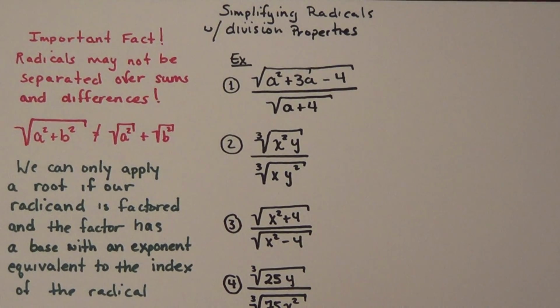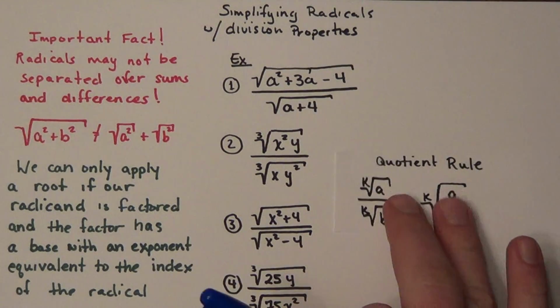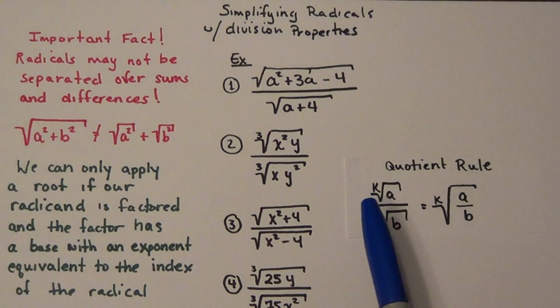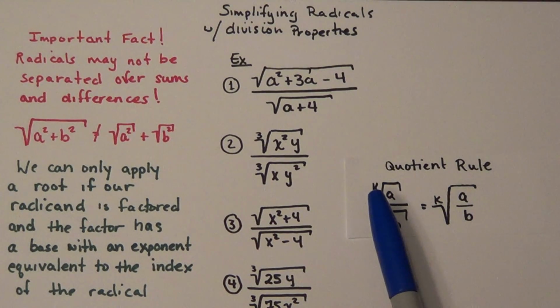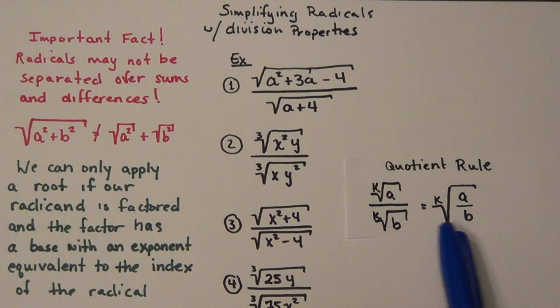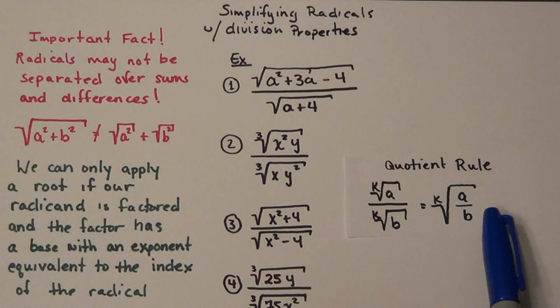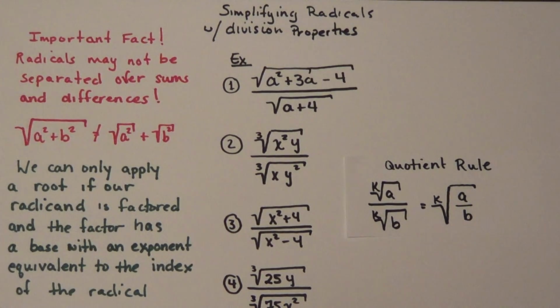But we just have to come back to the idea of our division properties, which states the quotient rule here. And the quotient rule says that if I have any radicals that have the same exact index, then I can rewrite them as taking this expression divided by the expression of the other.